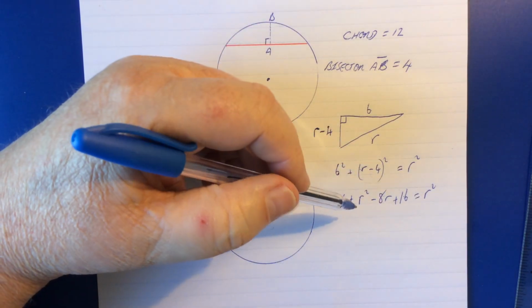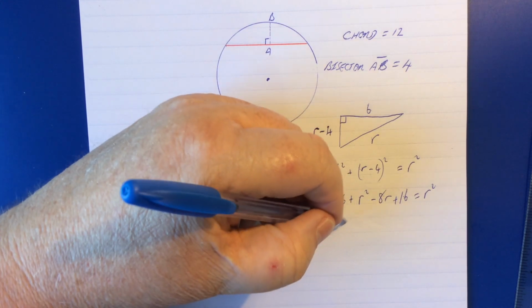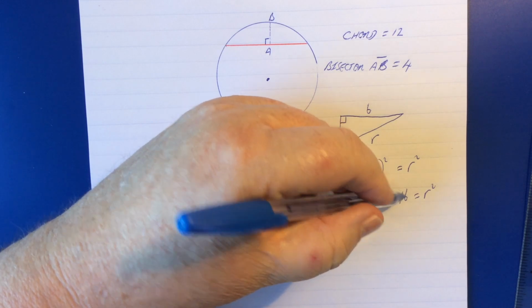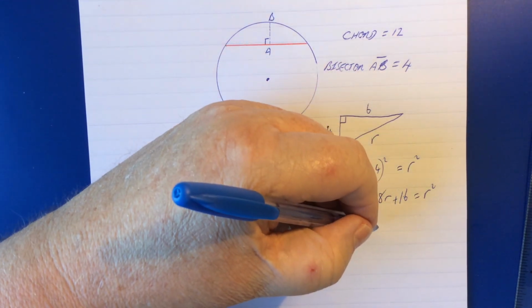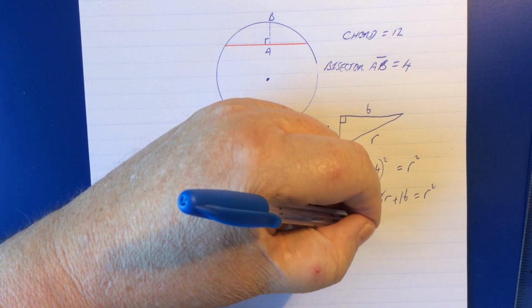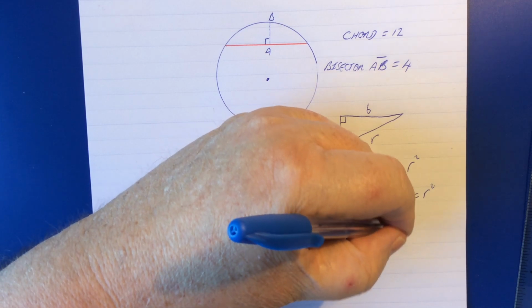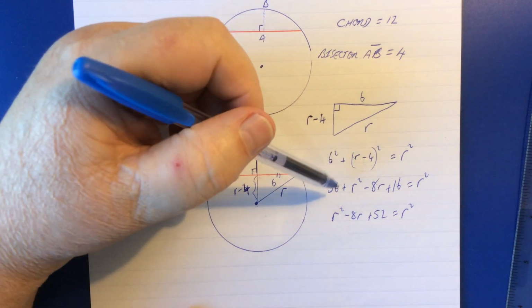Now, some tidying up. Okay, well, r squared minus 8r plus 16 plus 36 is plus 52 equals r squared. Okay, I hope that makes sense.